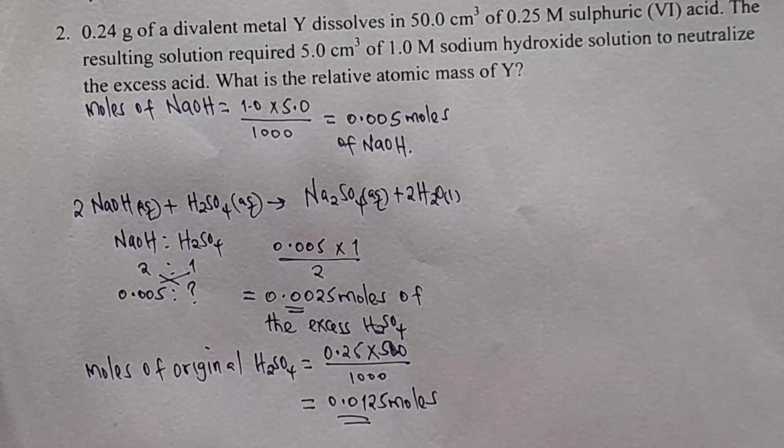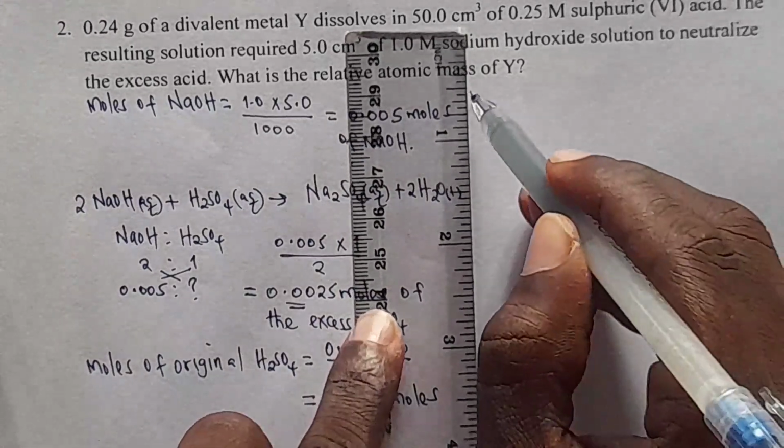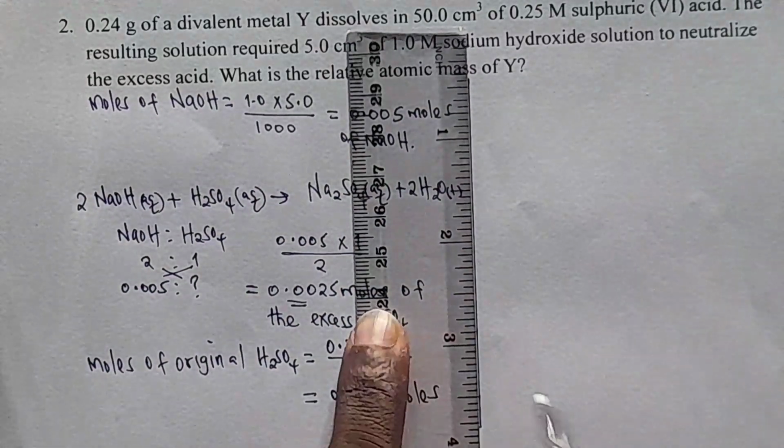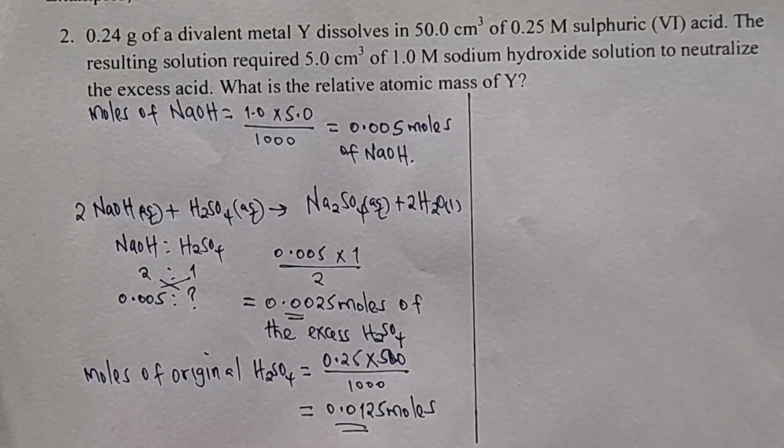So next step, we have to get the number of moles of the sulfuric acid that reacted with the metal Y. How do we get that? By subtracting the moles of excess sulfuric acid from the original moles of sulfuric acid.